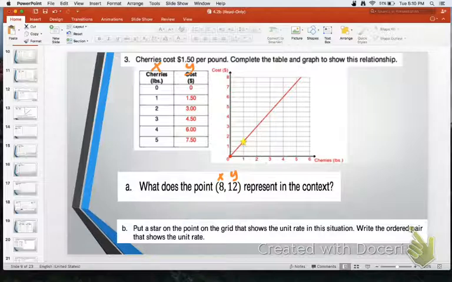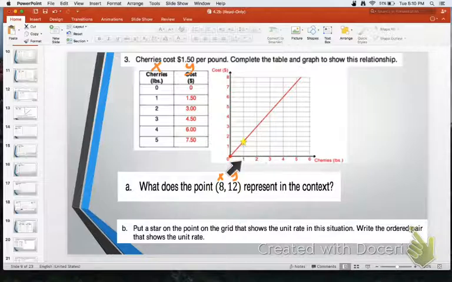Let's look at letter B. Put a star on the point of the grid that shows the unit rate in this situation. Write down the ordered pair that matches this unit rate. So you can see on my graph, I already have the unit rate put in. I already have a star. It's maybe a little faint on your screen, but it's there.